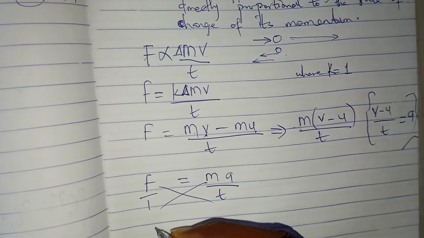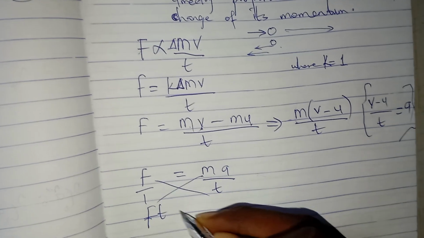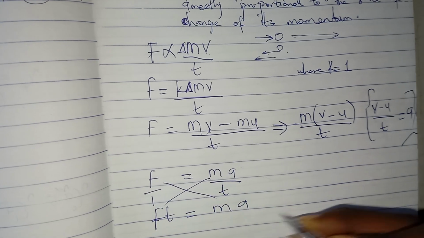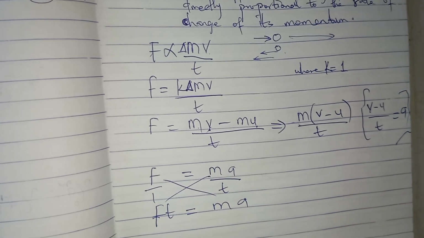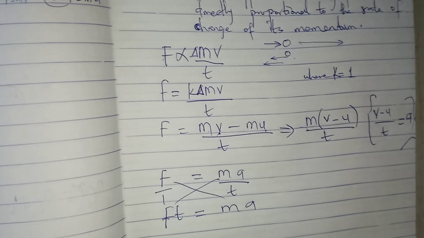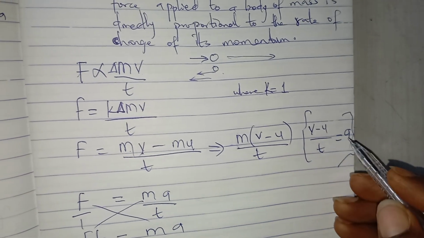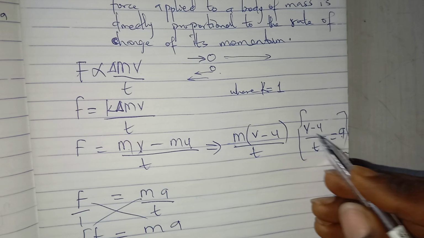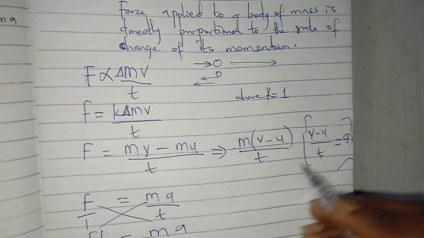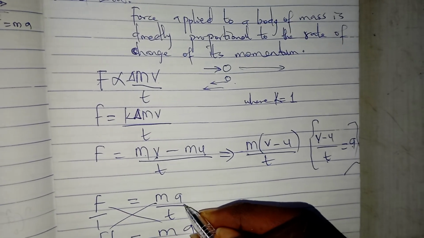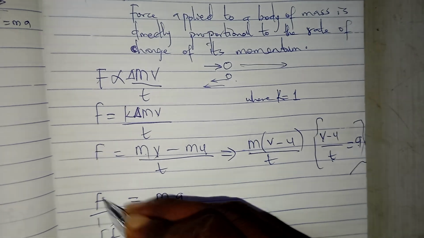This can be the same thing as saying Ft is equal to ma. Are you seeing it? Okay, watch. I think we almost made a mistake. Remember we said v minus u over t is equal to a. That is change in velocity all over time. So this is supposed to be F equals ma, not this.